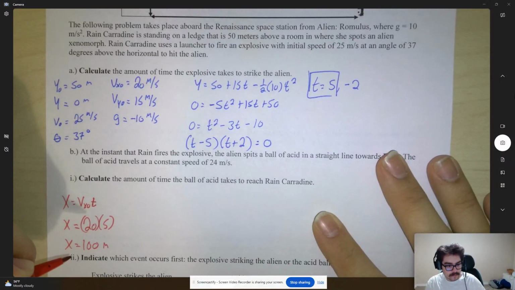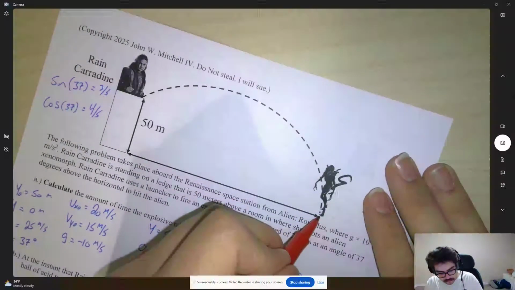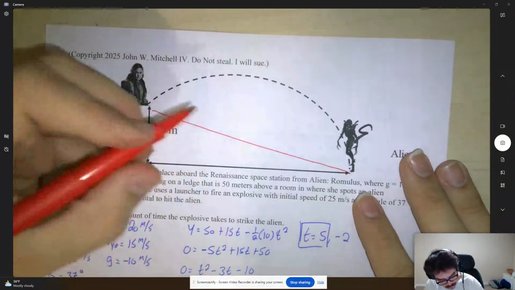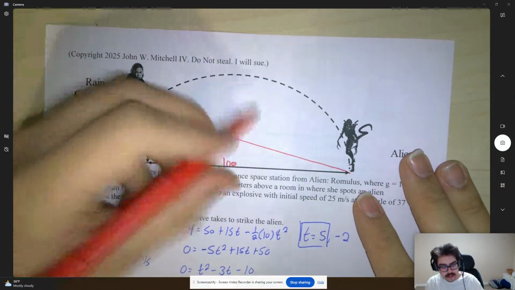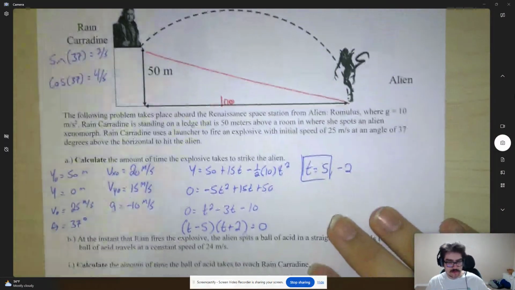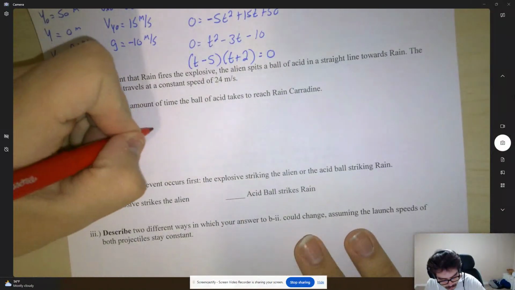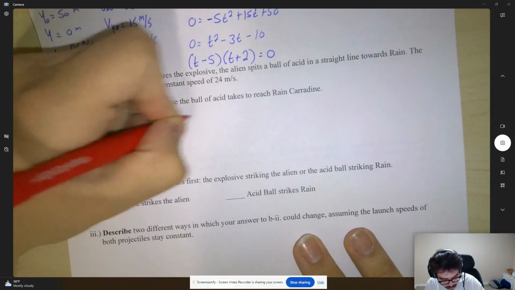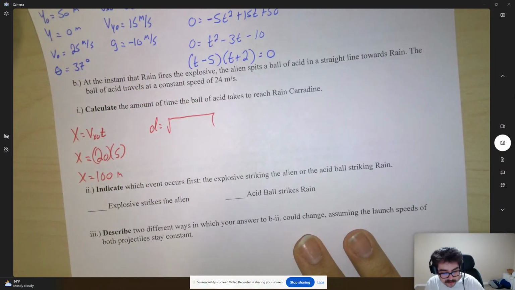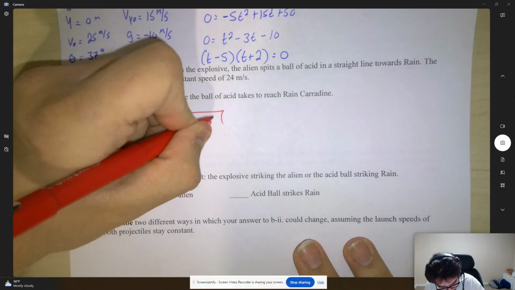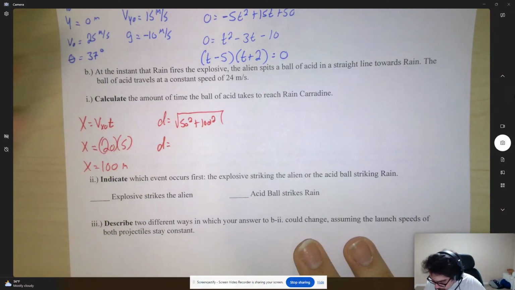Okay. Now I need to solve for the hypotenuse of this triangle. So if I know that this is 100, maybe this was the Pythagorean triple. I don't think it is, because I didn't design any of these with a Pythagorean triple in mind. I don't ever really think about Pythagorean triples. 50 squared plus 100 squared.